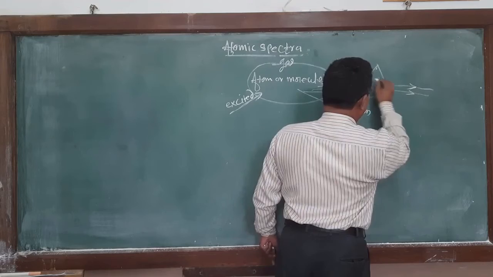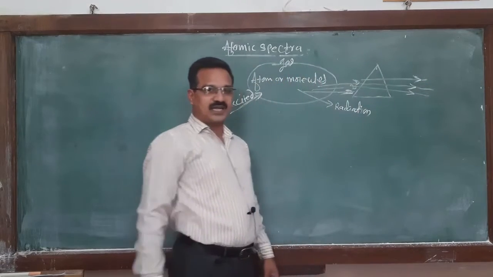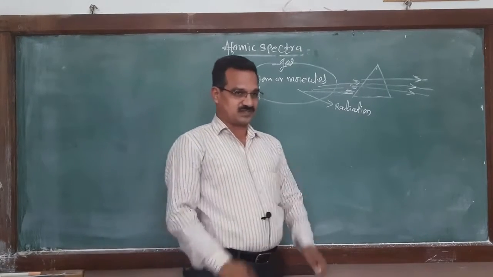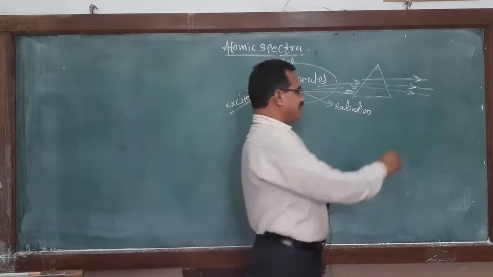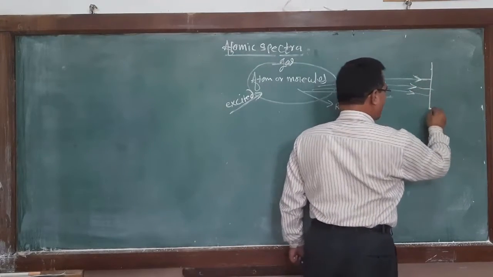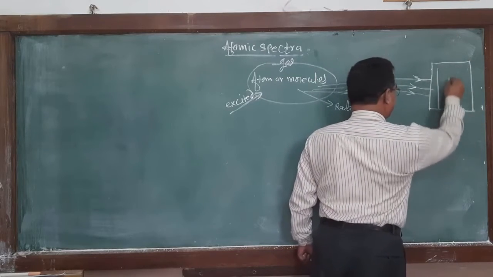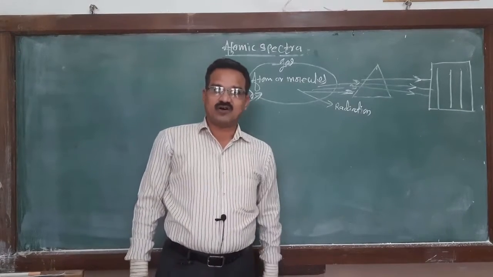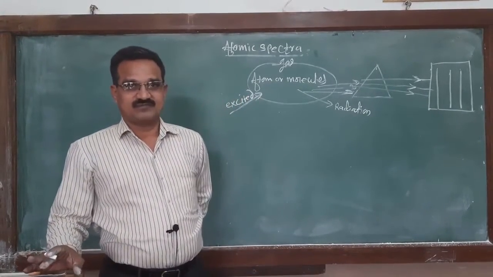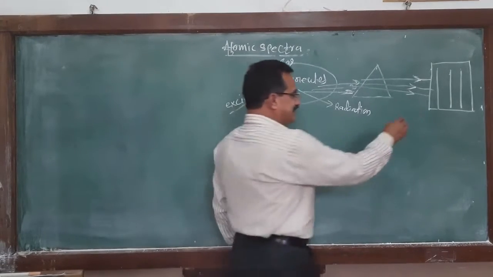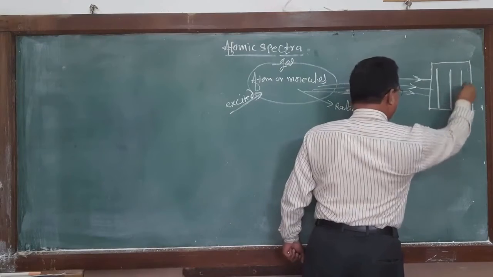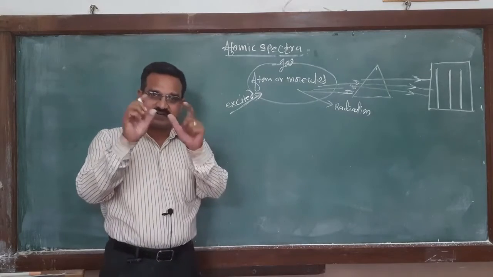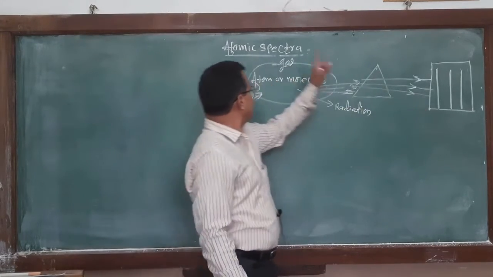Suppose this is the radiation, and that radiation is passed through the prism. We get different lines or colors, and these different lines or colors are of specific frequency or specific wavelength. That spectrum, of specific wavelength or for specific colors, we call an atomic spectrum.